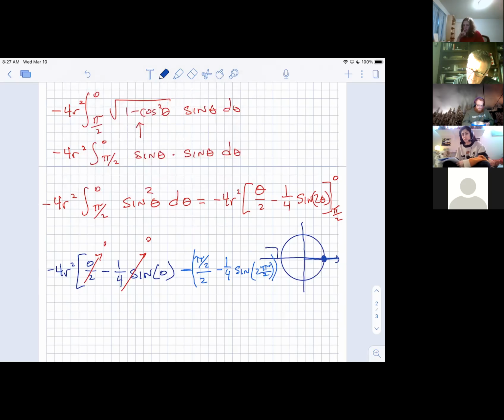Close the gigantic parenthesis off, which is what 4r squared is being multiplied by. So pi over 2 over 2, of course, is pi over 4. But what's the sine of 2 pi over 2? Well, that's pi. So this is really just pi. What's the sine of pi?